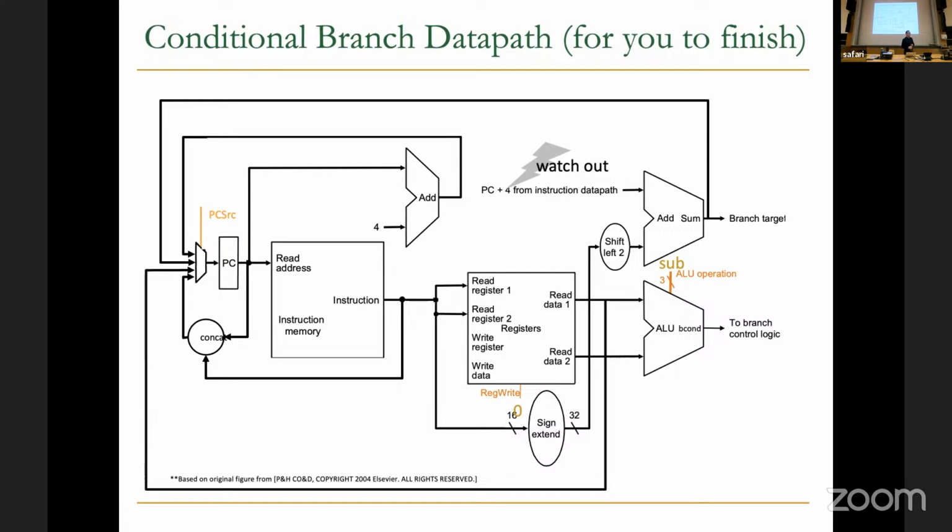Otherwise, PC should be updated with PC plus 4. So in some cases, as you can see, the control signals that are needed to correctly execute the instruction will be dependent on the data signals. And this is one of those cases. Branch conditions are determined by the 2 data signals and their comparison. Okay? So we're going to see this a little bit more. Okay, that's why conditional branches are actually very interesting. We're going to see conditional branches even more later. It's going to be a lot of fun.